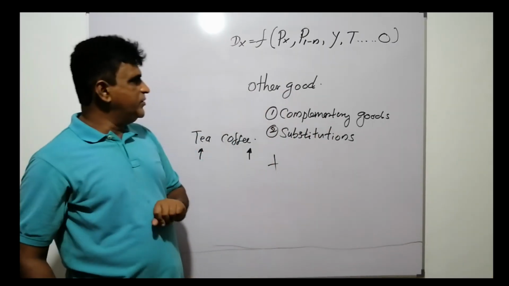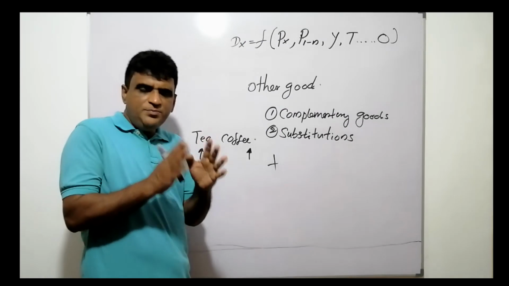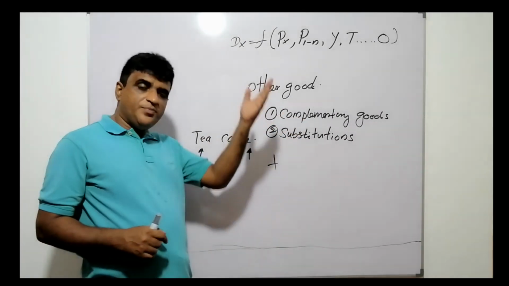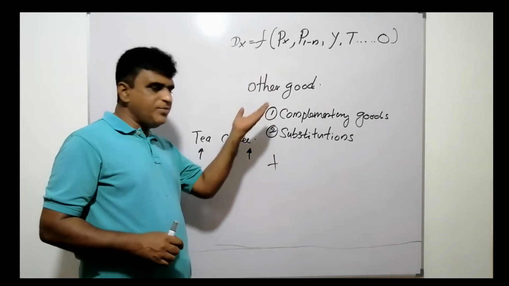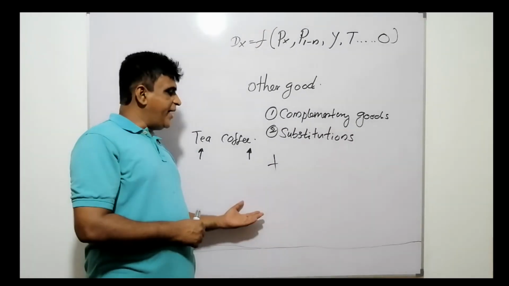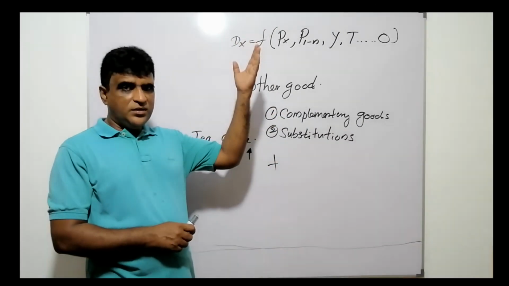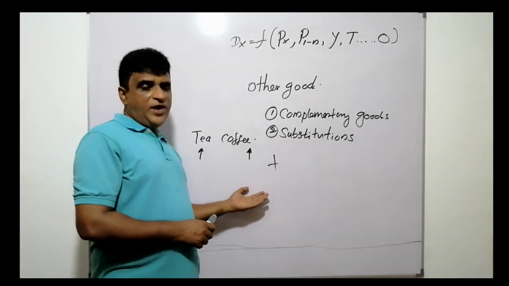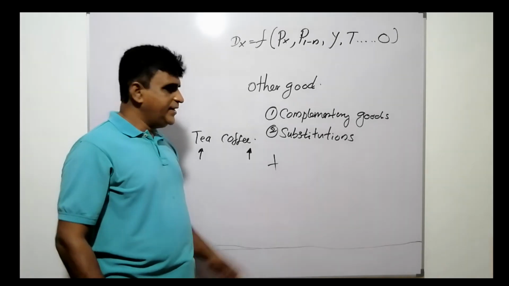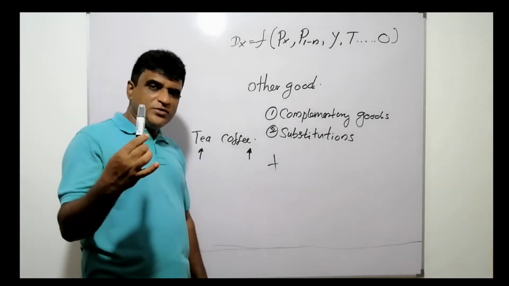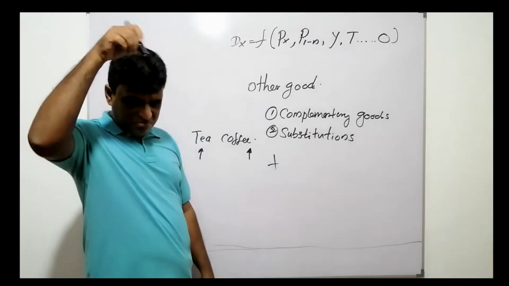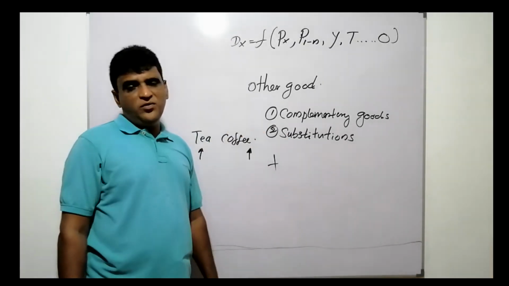What about the complementary goods? If the complementary good's price goes up, then the demand for the desired good goes down. If the whiteboard price goes up, then I am not buying the whiteboard, so there is no point in buying the pen. That directly affects the demand for this pen. Why? The whiteboard price goes up, then the demand for this goes down.